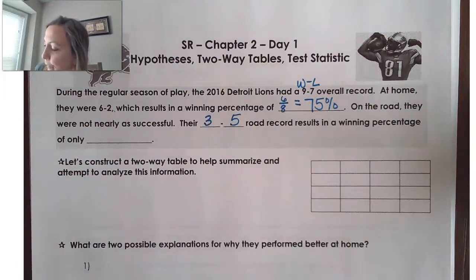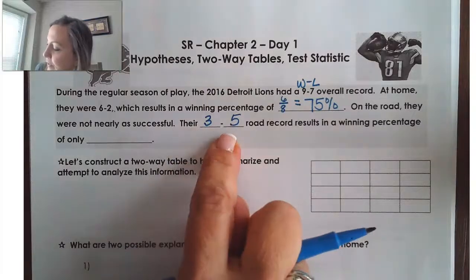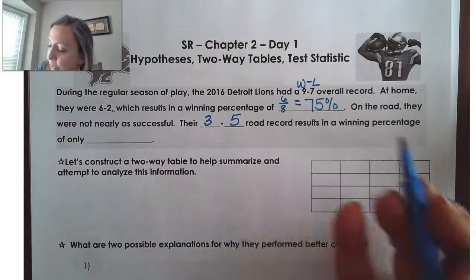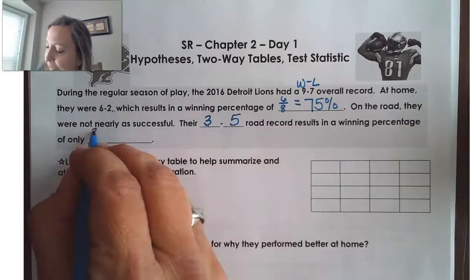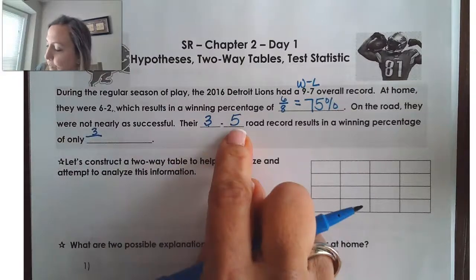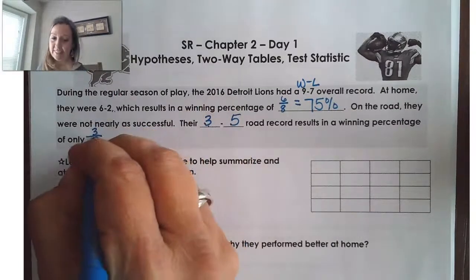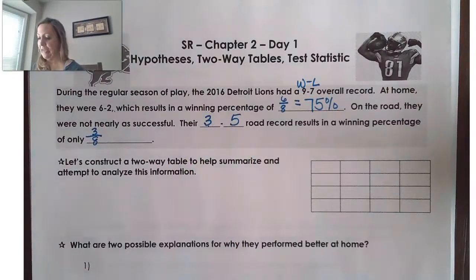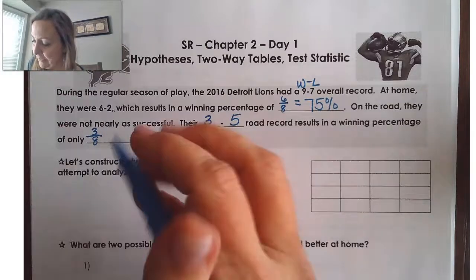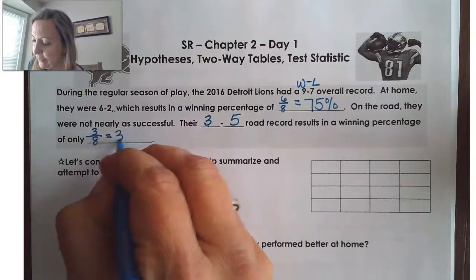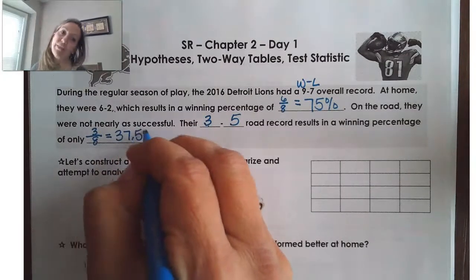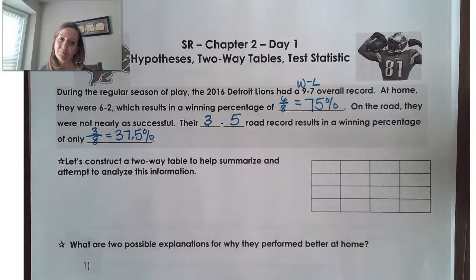So again, their 3-5 road record results in a winning percentage of only 3 successes, but the total wasn't 5, the total was 3 plus 5, which is 8. And if you divide 3 by 8, that gives you 0.375, which would be 37.5%.